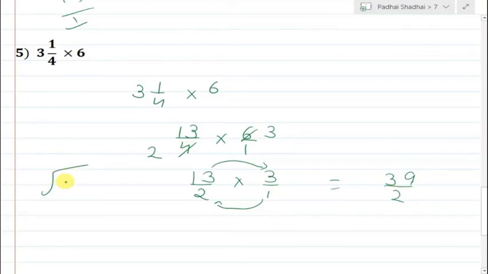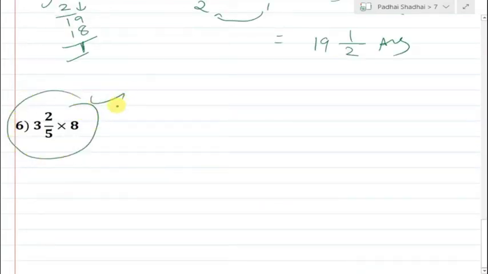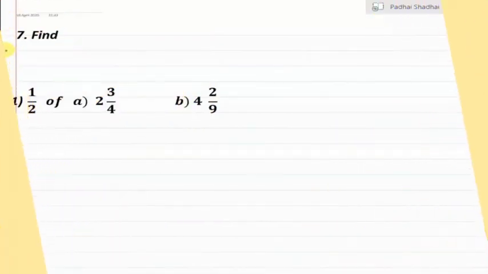Dividing 39 by 2, we get 2 1s are 2, 1 left, taking 9 down, 2 9s are 18, 1 remainder. Arranging the terms, 2 will come in the denominator, 19 as a whole number, and 1 as a numerator. So the final answer is 19 integer 1 by 2. Sixth one, you can do it yourself beta, try it yourself as homework.